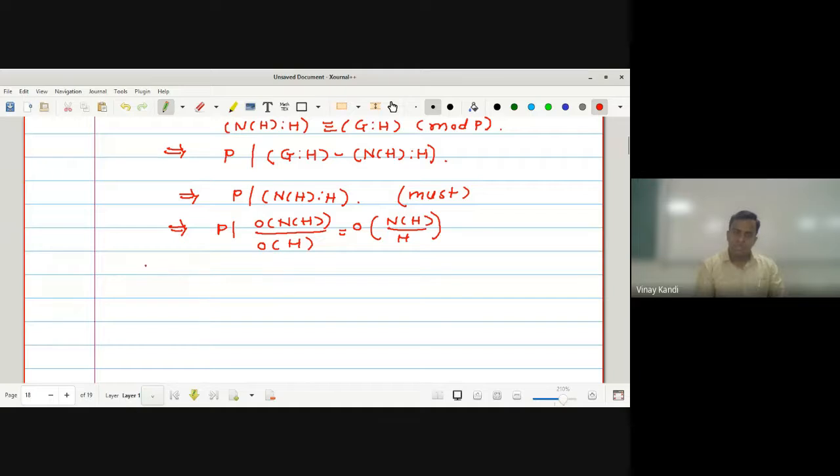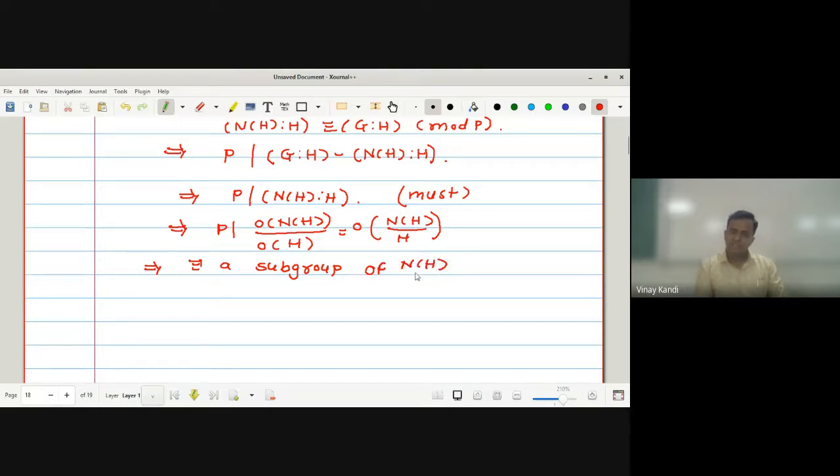Then again by using Cauchy's theorem we have, if any prime number divides the order of that group, then there exists a subgroup whose order is p. Okay, so we have, there exists a subgroup of G नाही, आता इथे काय येणार?